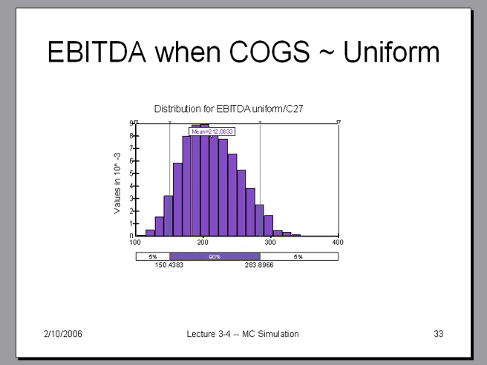So here's EBITDA. Here's what it looks like if cost of goods sold is uniformly distributed instead of normally distributed. You can see it's no longer a normally distributed random variable. It has a very short, fat left tail and a fairly long and thin right-hand tail.